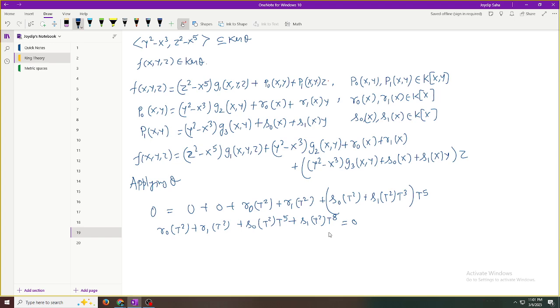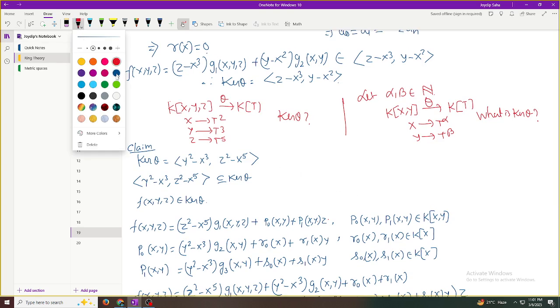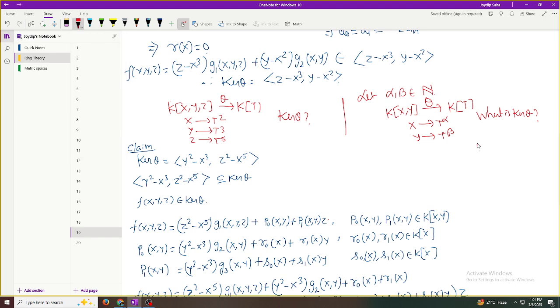You can do this problem by the same way, try it, but here you cannot do this problem by the same way. So we need a better technique.